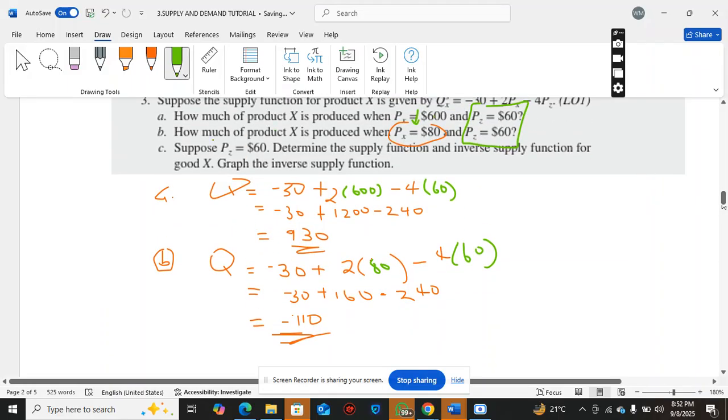Then part C, suppose Pz equals 60, determine the supply function and the inverse supply function for good X. Graph the inverse supply function.